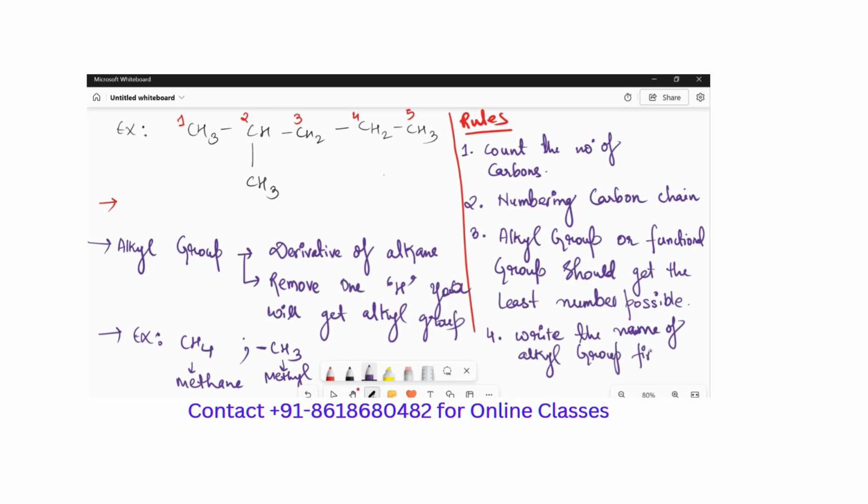I'll write which position it is present. Second, so we will write 2. Which alkyl? Methyl, ethyl, propyl, butyl. Which one? Methyl. 2-methyl. Pentane, because it has 5 carbons, and "ane" because it has single bonds. Is that fine? Yes.